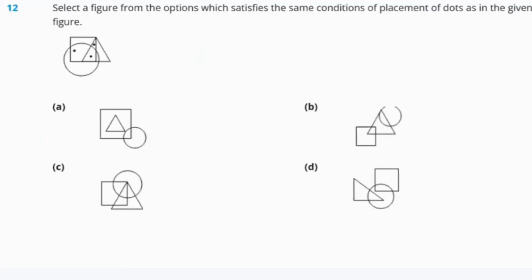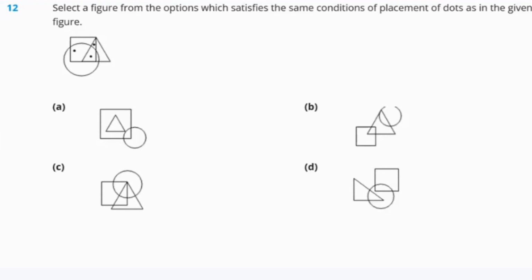Now question number 12. Here we select a figure from the options which satisfies the same condition of the placement of the dots as in the figure. Whatever figure is given over here shows the correct relationship according to the placement of the dots.